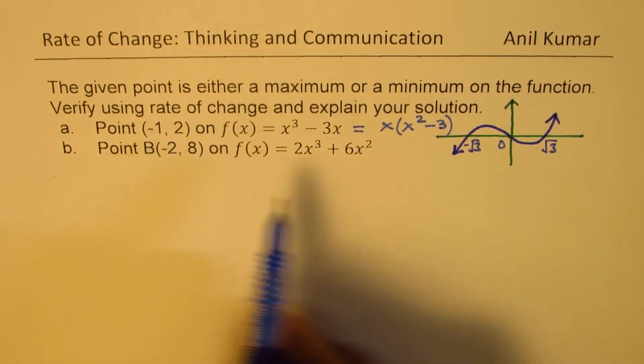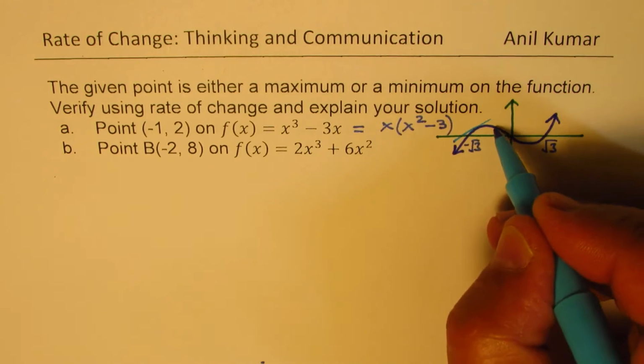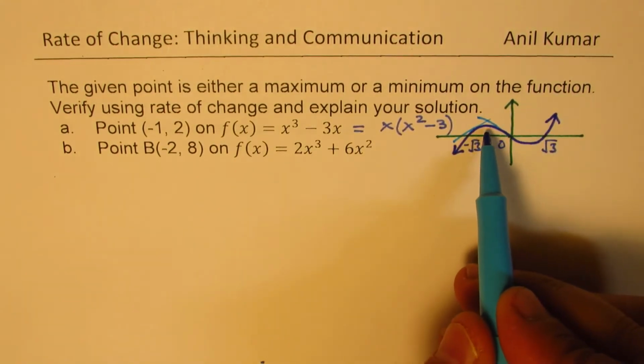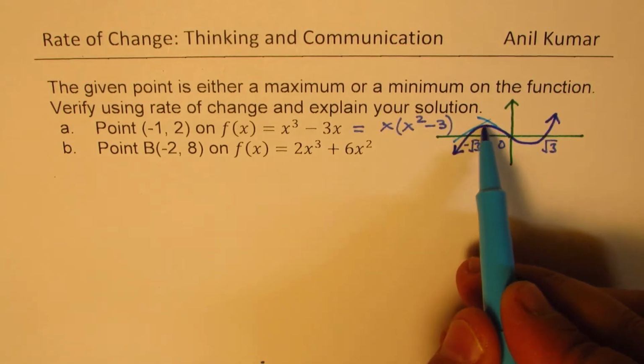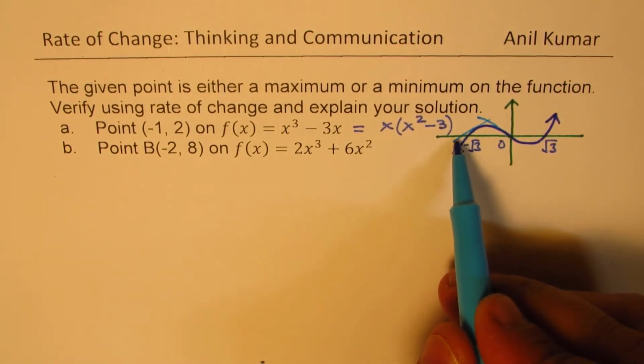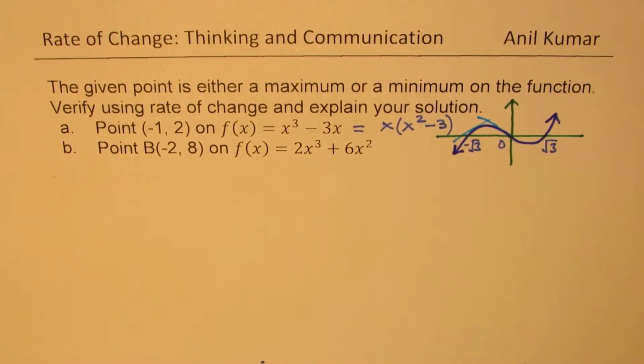We are given a point minus 1. We do expect a local maximum at this point, and the reason being that if you look at the tangent before and after, it changes from increasing to decreasing from the graph, right? So that is the whole idea.